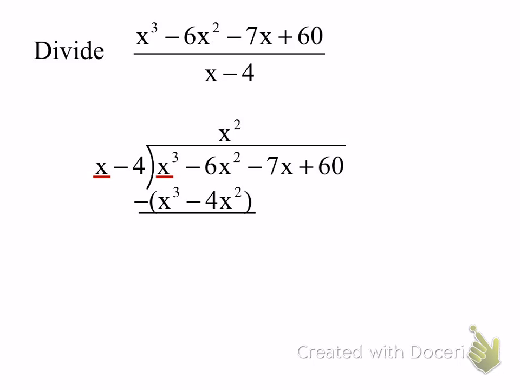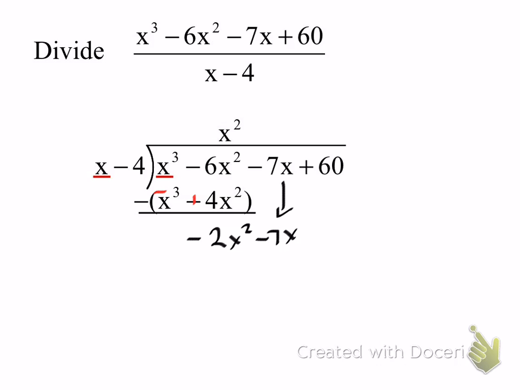I know that this is going to be a negative and this is going to be a positive. What will my remainder be? Negative 2x. Okay, negative, positive, so it's going to be negative 2x squared, and I'm bringing down my negative 7x.